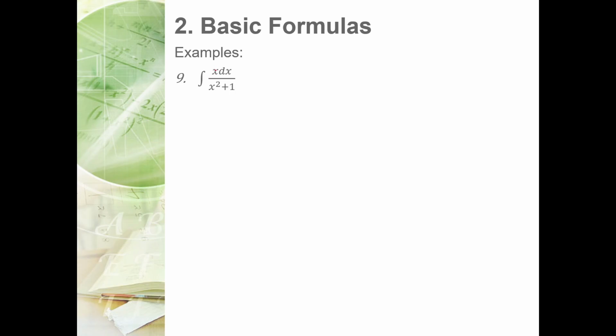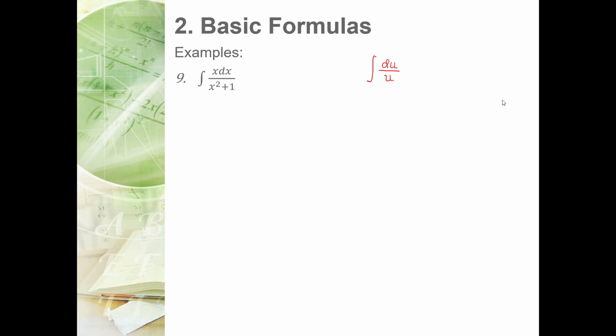Looking at your equation, we can achieve the basic formula since there are only 5. So you can use the basic formula of the natural logarithm, du all over u.